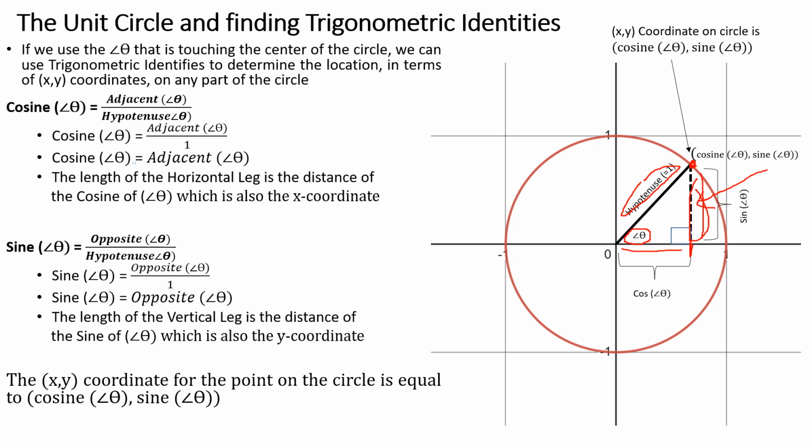So that means the y-coordinate, the distance starting from 0 up to here, is going to be the sine. So by having a cosine of theta and a sine of theta on the unit circle, we can determine the exact coordinate anywhere on the circle as that hypotenuse moves.